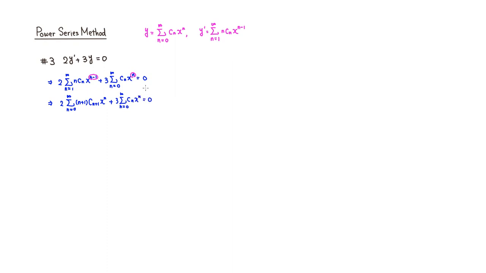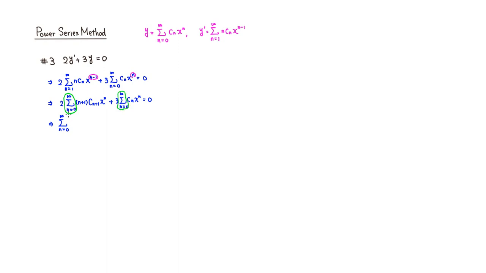Now we have exactly the same summation and the same x^n, so we're going to combine those two together. We have a single summation, n goes from 0 to infinity, so I'll just write it once. We combine those two summations into one summation sign.